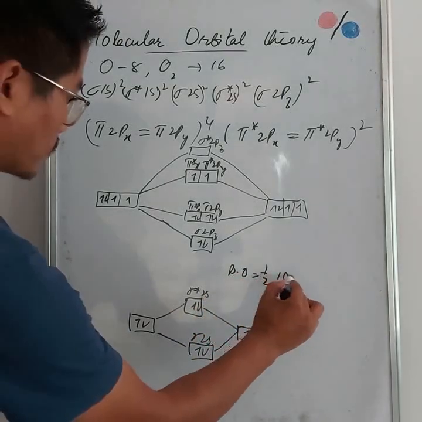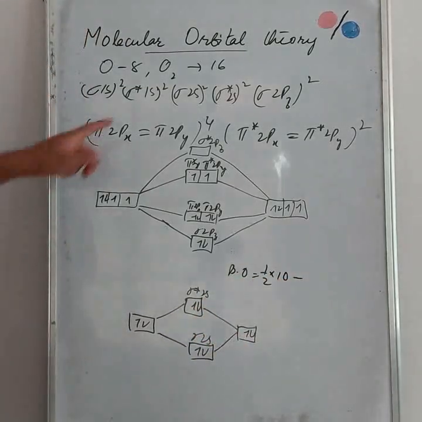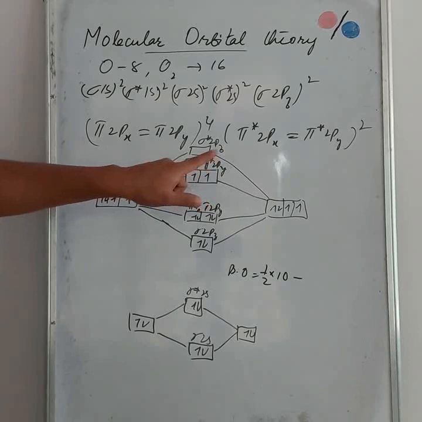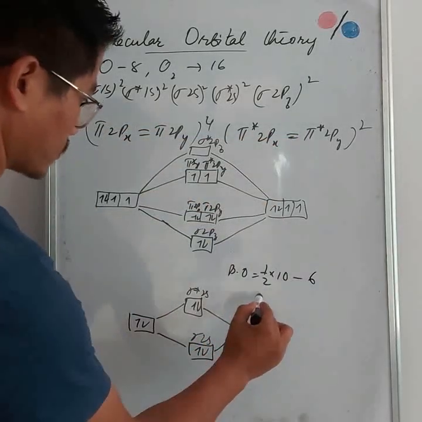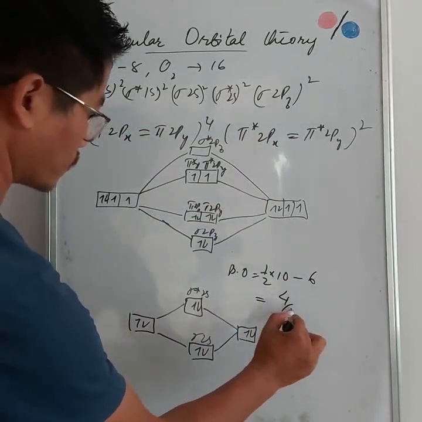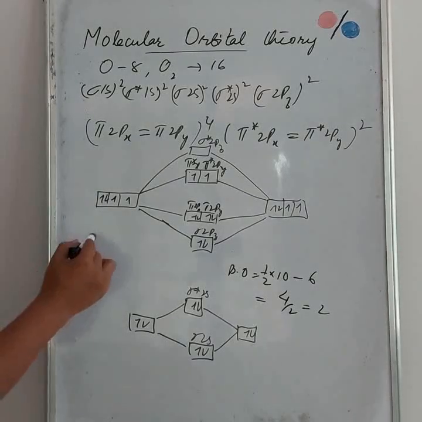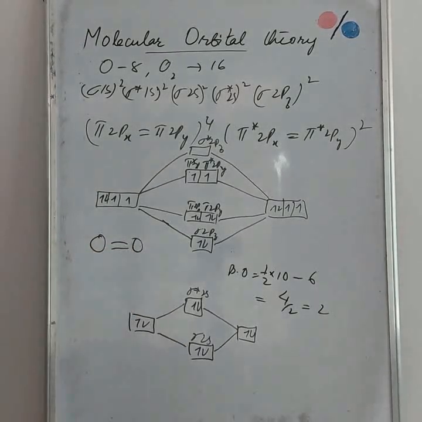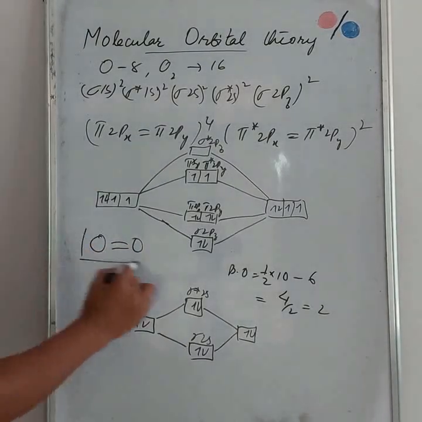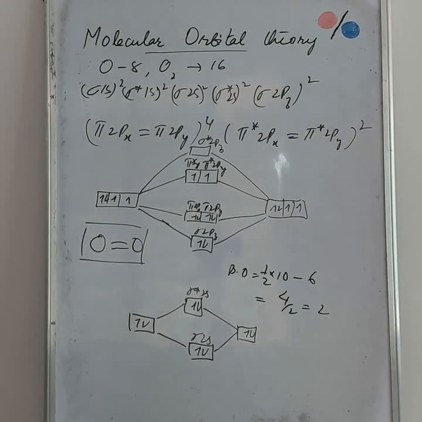So we have 10 bonding electrons minus 6 antibonding electrons. So 4 over 2 is 2. So the oxygen molecule has two bonds between the atoms. So that's how we can calculate the bond order as well as how many bonds are present between two different molecules for that matter.